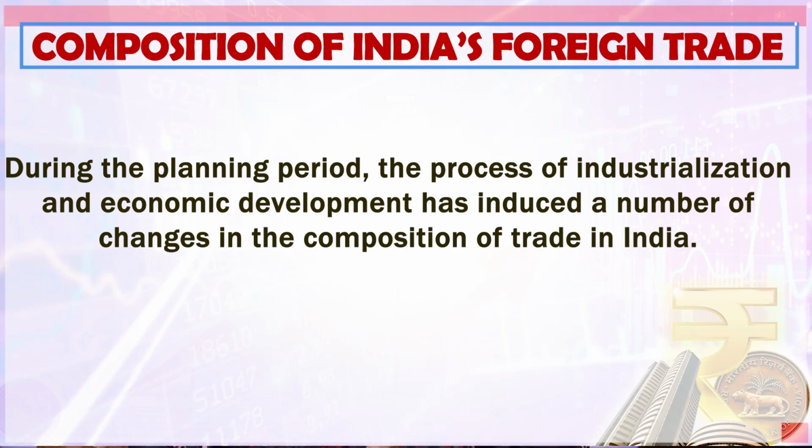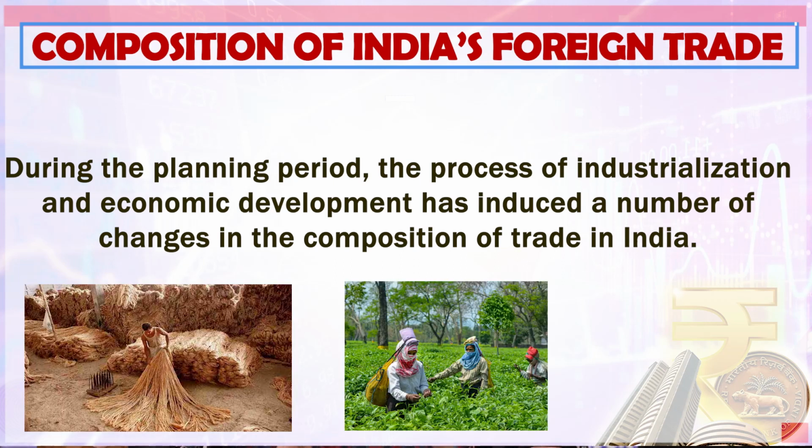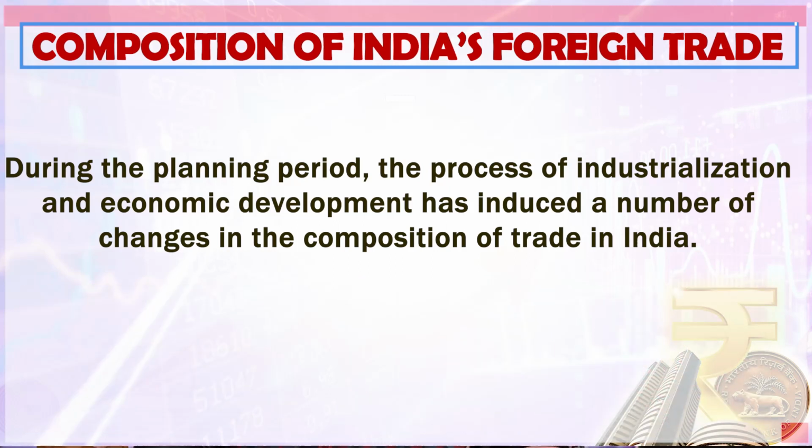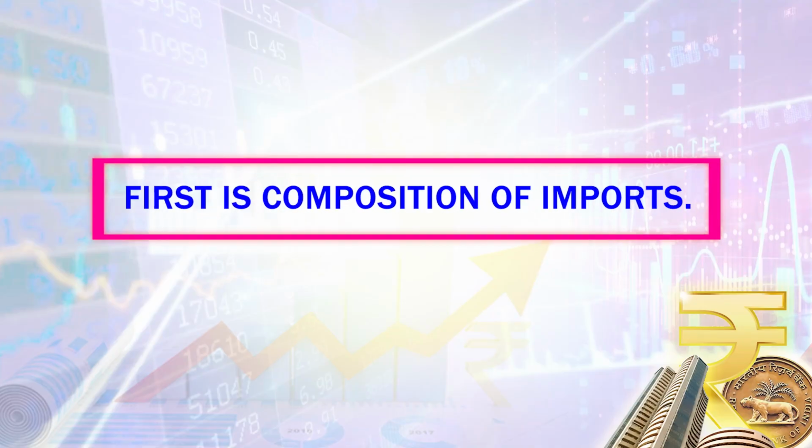Now, before the advent of planning in India, the main export items were jute, tea, cotton, etc. But over the planning period, the situation has changed drastically, mainly because of industrialization. Now, I will discuss the composition in two parts. First is composition of imports.